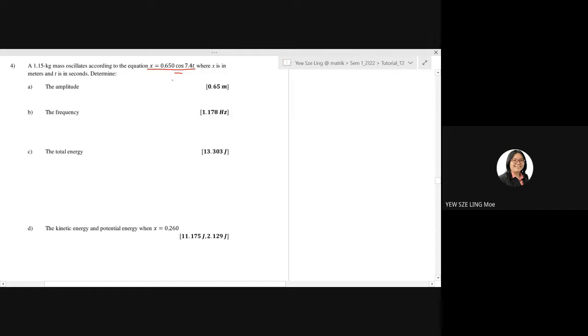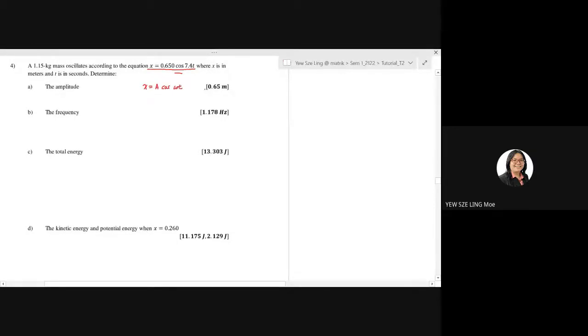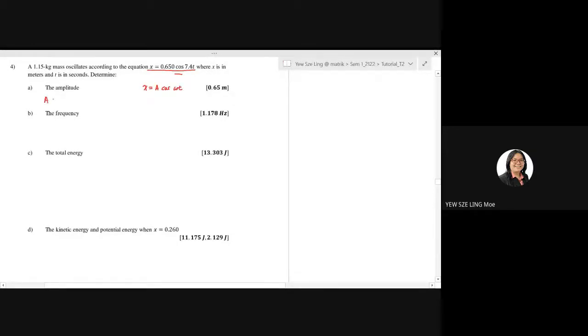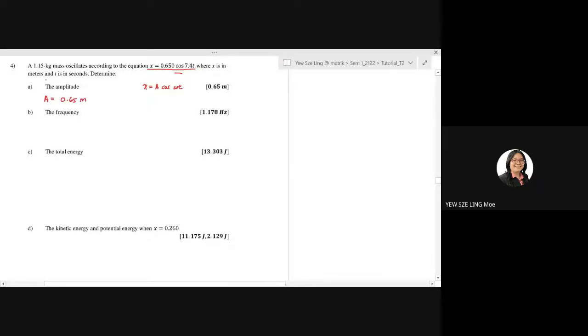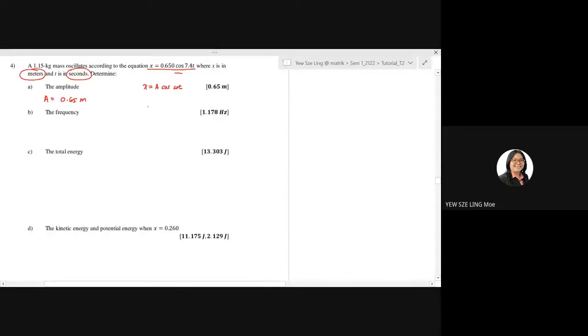If you compare this equation with the general equation, x equals A cos omega t, then you'll find that A is equal to 0.65 meter, because the question tells you now your x is in meter and time is in second. All right, so you have the unit in the question. Make sure you use the right unit.